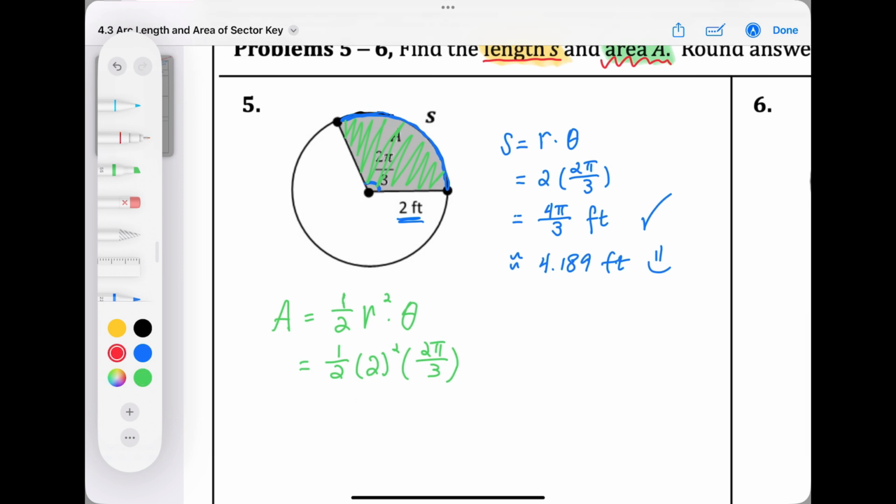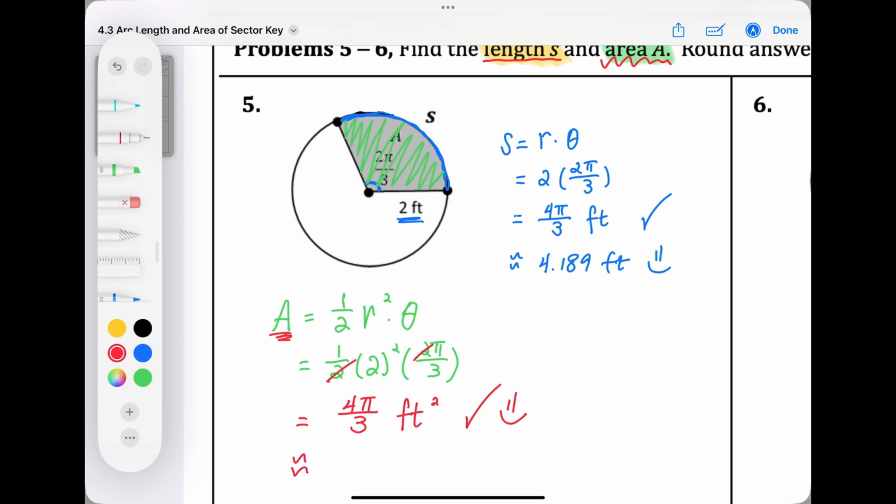Now again, show off, no calculator. So what do we got? You would say, Miss, oh, look at that, I can do math. 2 bottom, 2 on top, cancel out. So now I got 2 squared is 4 pi over 3. What is my unit? Feet. It's talking about the area, so my unit will be 4 pi over 3 feet square, and this is perfect.